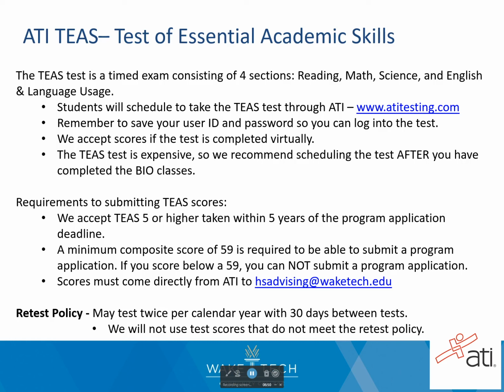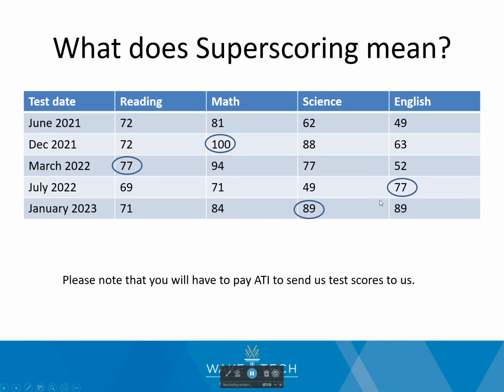Now, ATI will let you take the test as many times as you want to. We aren't going to accept that. So twice in a calendar year, 30 days apart, and it does have your test dates on the scores when they send them to us. We also Superscore. What that means is there are 4 sections to the TEAS test: reading, math, science, and English, and we will use the highest score per section per test.